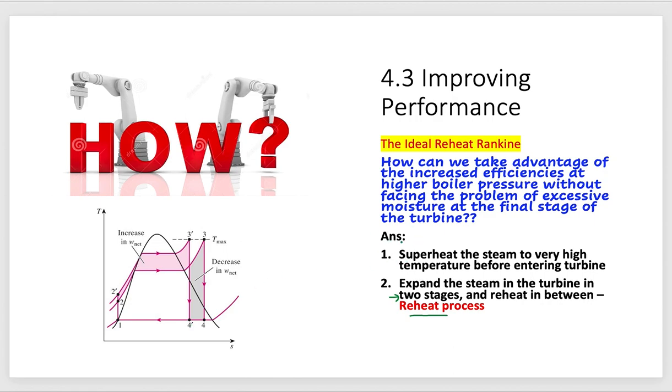And how to overcome this? First thing first, we have to superheat the steam to very high temperature before entering the turbine. And secondly, expand the steam in the turbine in 2 stages, which means we use 2 turbines, and reheat in between, and this process is called the reheat process.